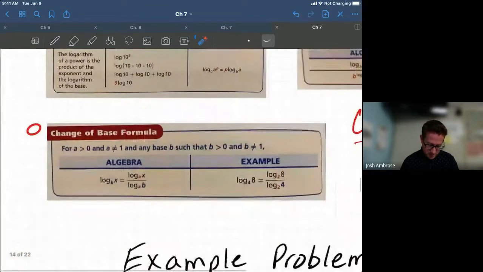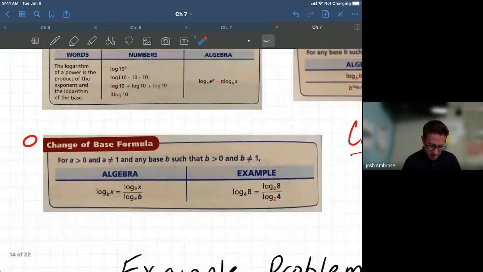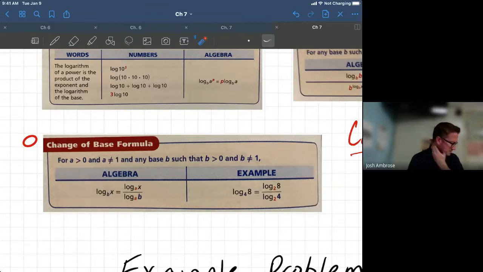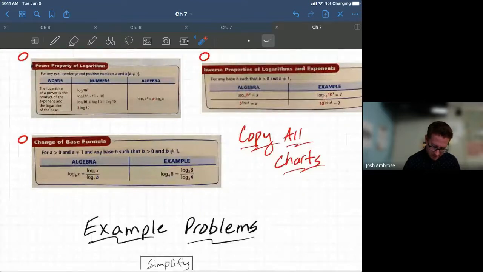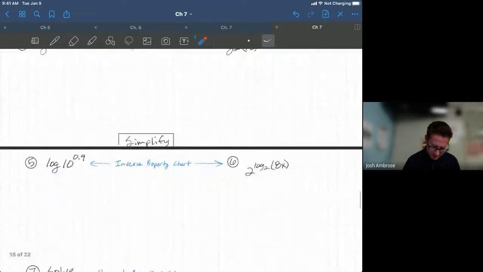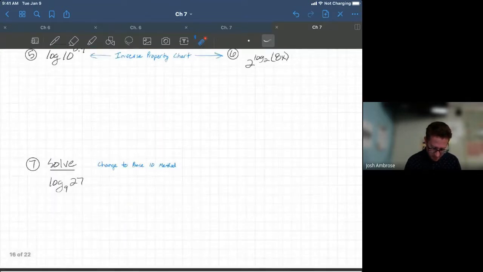Last chart, changing the base. The key thing that I actually do for this, I know that we're not there yet in the example problems, but you're going to see right down here, we're going to use a change to a base 10 method.